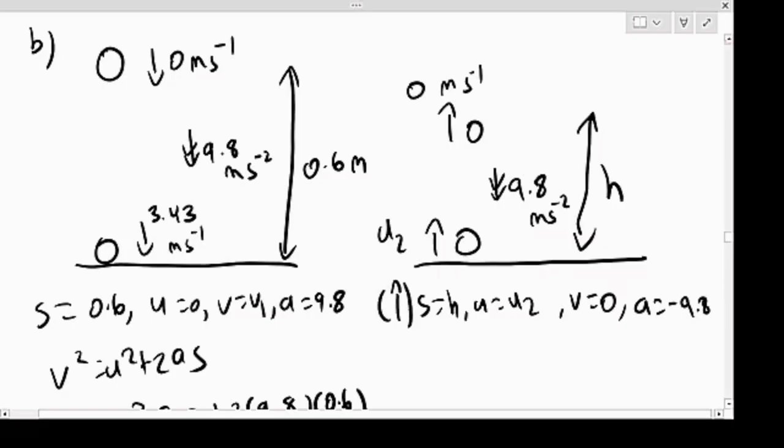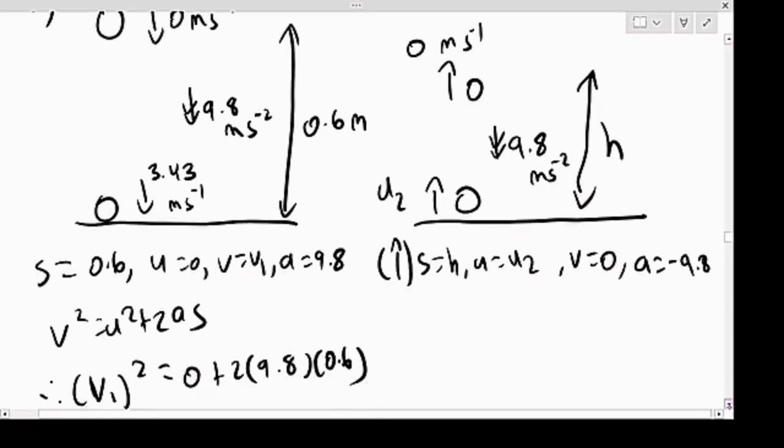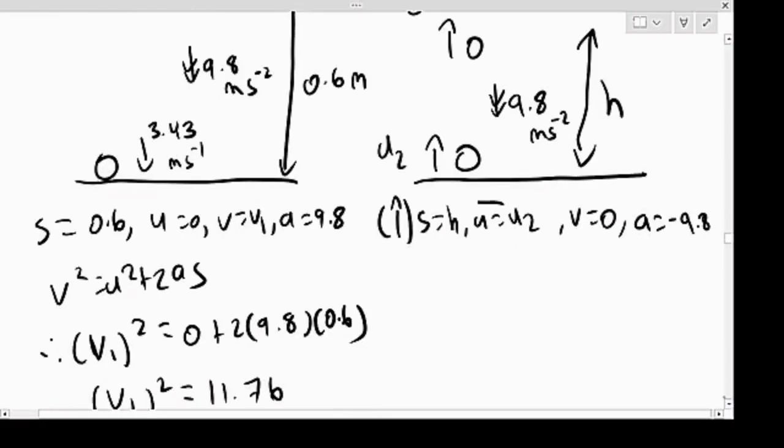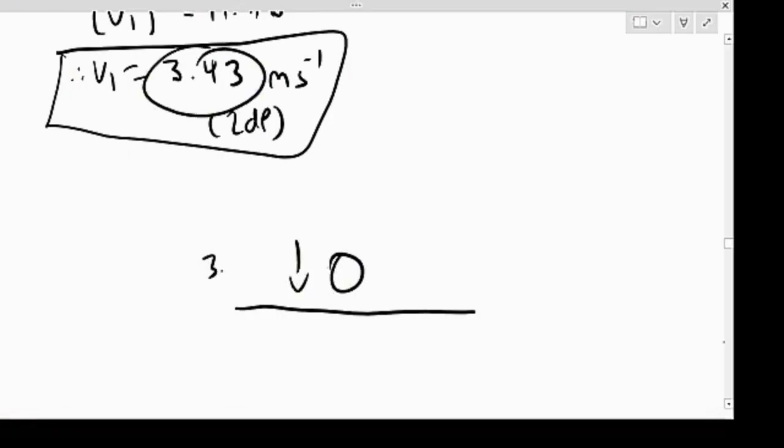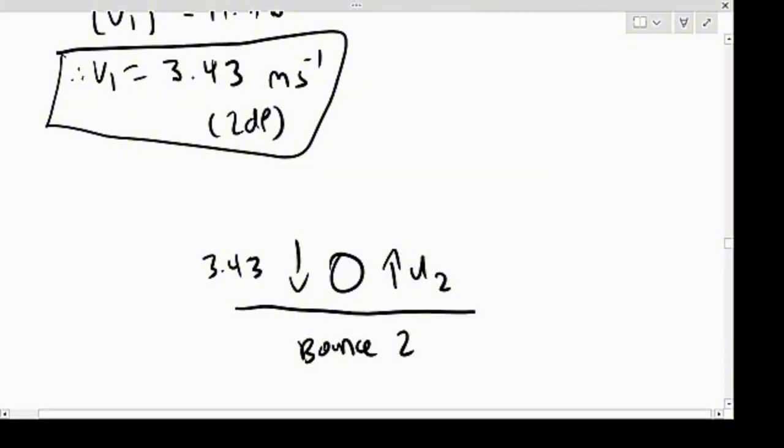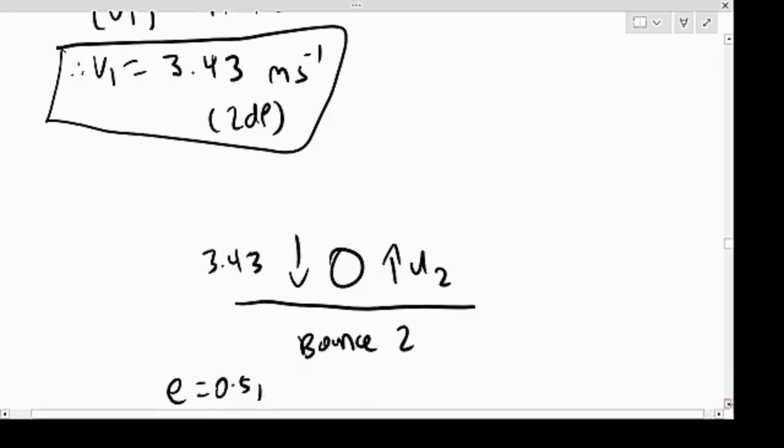So, well, we're going to need to work out U2 to work out H, but we can use restitution here, right? So now for the second bounce, it approaches with speed 3.43, then it leaves with speed U2. Okay, so this is bounce 2 now. Again, E we worked out was 0.5.